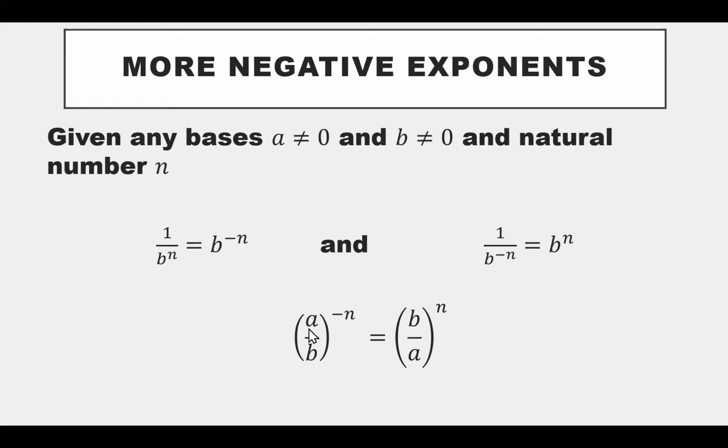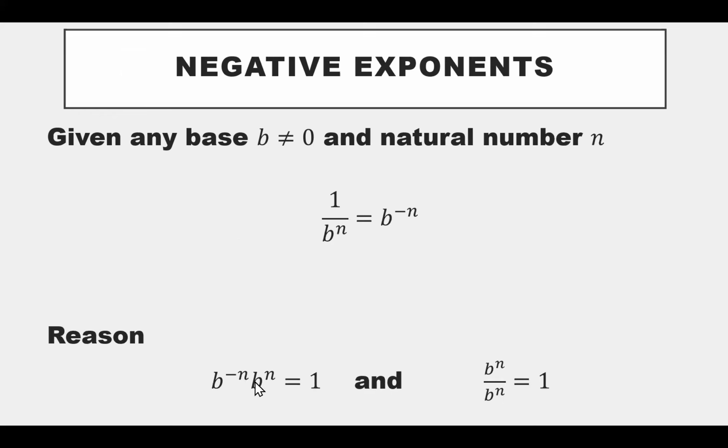And then lastly, if we have a fraction where a and b are both non-zero, then a over b to the negative n power is like the fraction b over a raised to the positive n power. That's because b over a and a over b are reciprocals of each other. And again, that all comes from the idea that the multiplicative inverse of b to the negative n is really the same thing as dividing by b to the n.